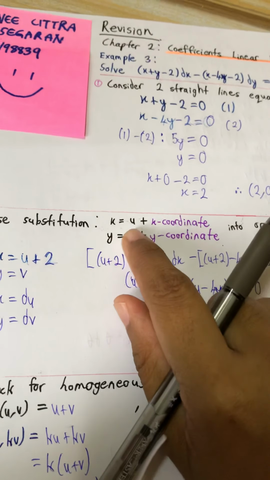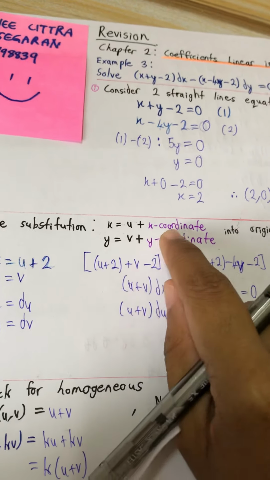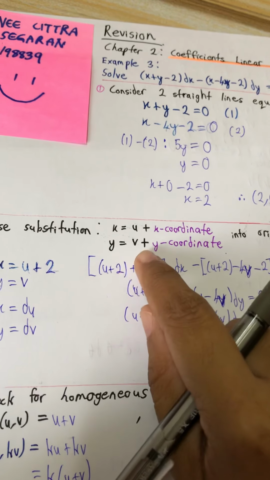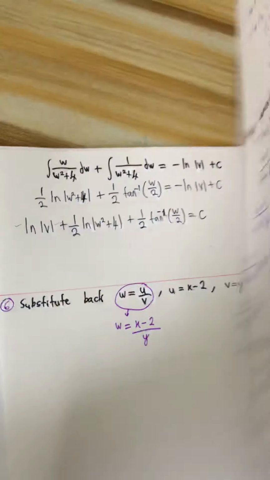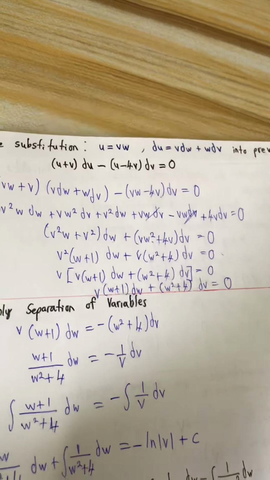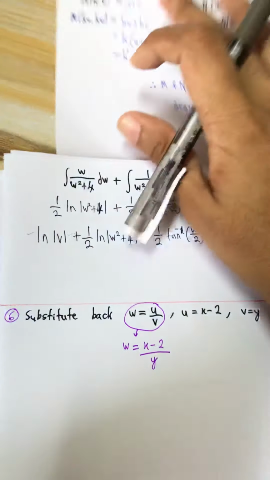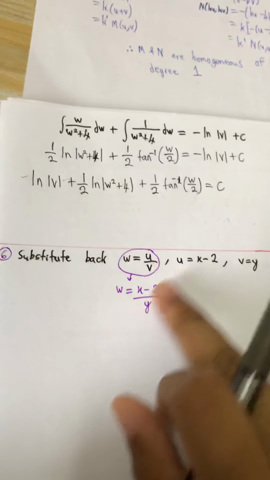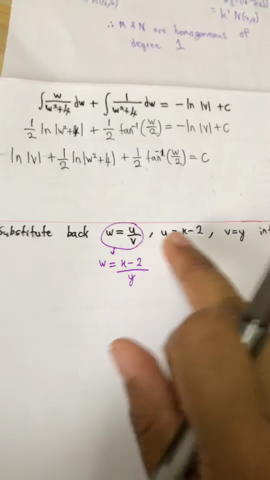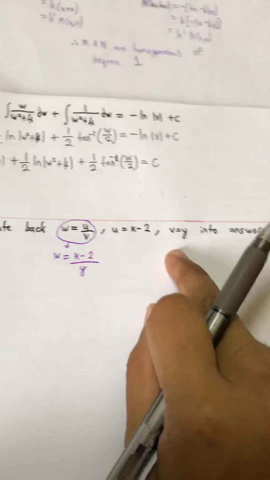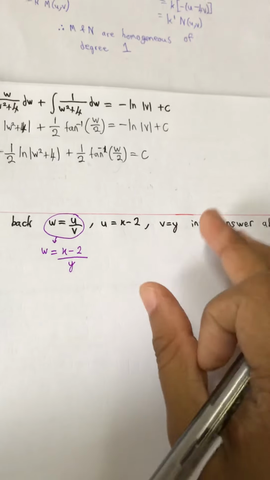First is x equals u plus the x coordinate and y equals v plus the y coordinate, and then the second substitution is u equals vw. So to find the final answer, we need to substitute back the values of w, u and v to get the answer in terms of x and y only.